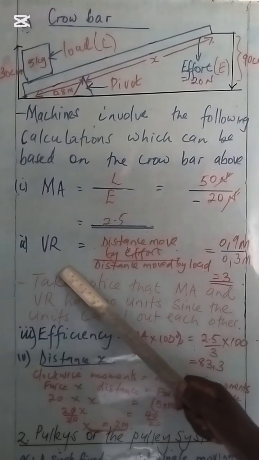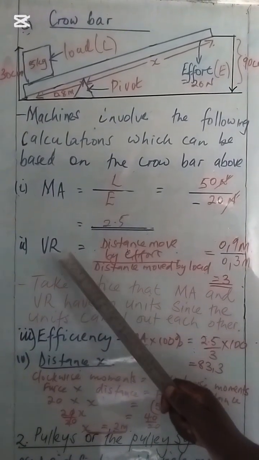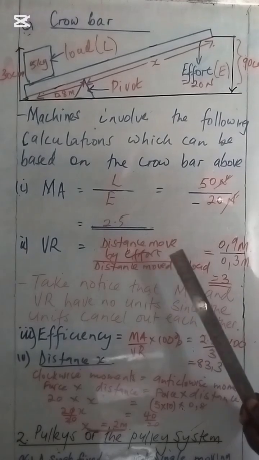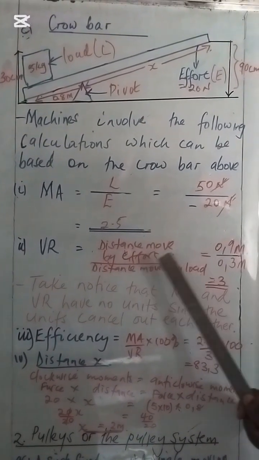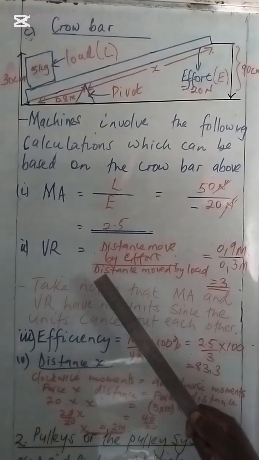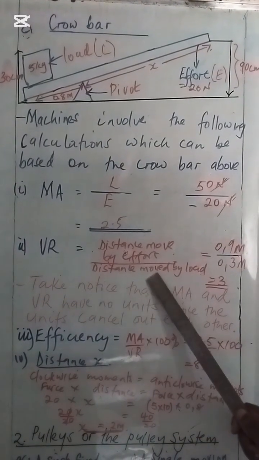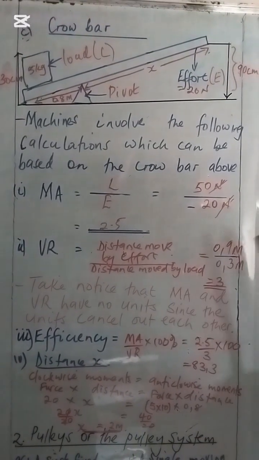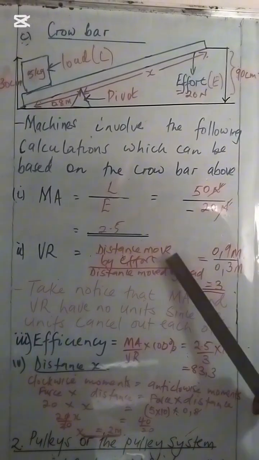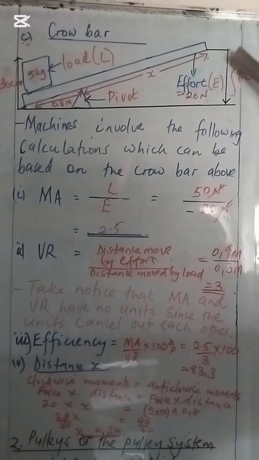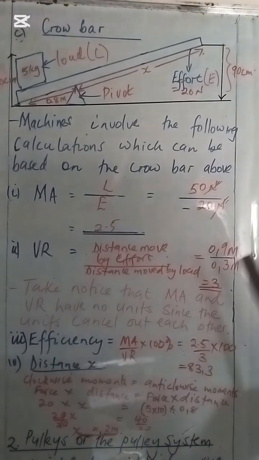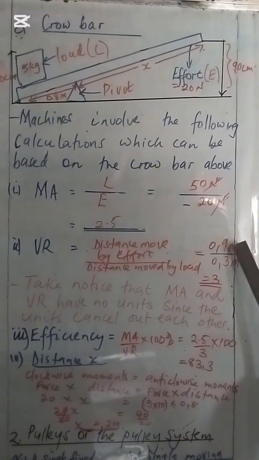Velocity ratio, abbreviated as VR, is calculated by dividing the distance moved by effort by the distance moved by load. In our example, distance moved by effort is 90 centimeters, and we convert that into meters to get 0.9.